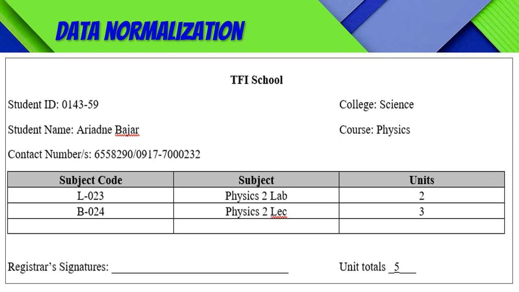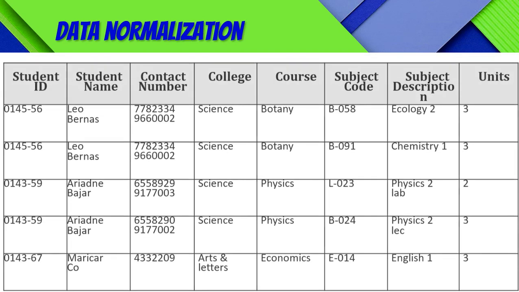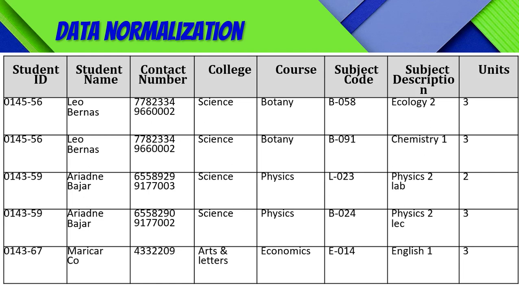Okay? So, if we are going to perform a data normalization on this form, then the result will look like this. Okay, now, when we say data normalization, it means the actual form will be converted to a database form.